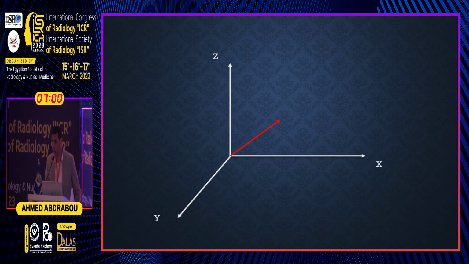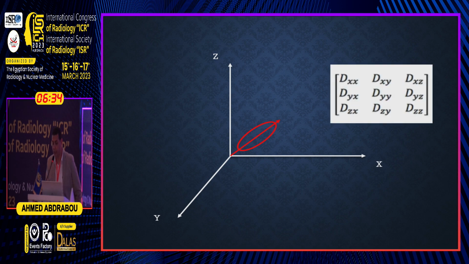So this is diffusion. Where does the word tensor come from? Actually, when we represent the movement of the water molecule, it's in a 3D space. So this red arrow represents the movement of the water molecule, which is actually the ellipsoid, the diffusion ellipsoid. And to describe this movement, we have to plot it against the x and the y and the z. And so we will get Dxx, Dxy, Dxz, and Dyx, Dyy, and Dyz, and Dzx, Dzy, and Dzz.